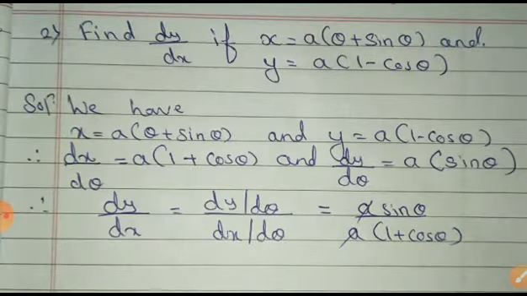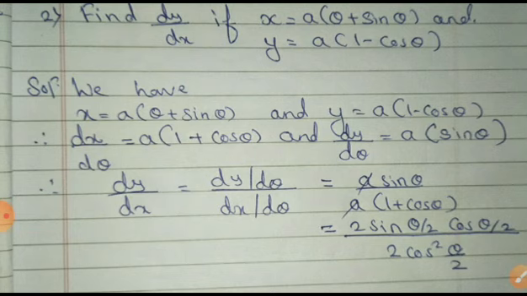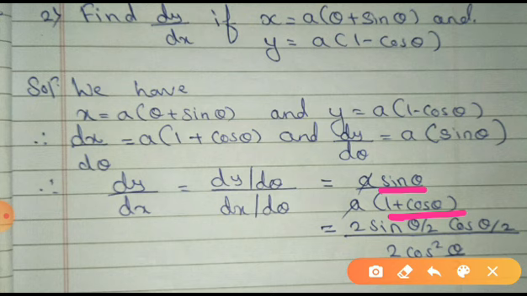So, using that, we can write sin theta as 2 sin theta by 2 cos theta by 2, divided by 2 cos square theta by 2. Clear? I have just made use of your identities, sin 2 theta and 1 plus cos 2 theta. Clear?